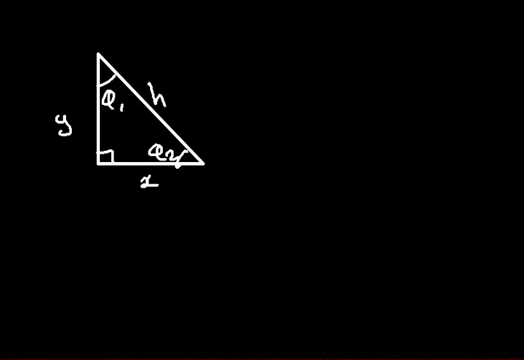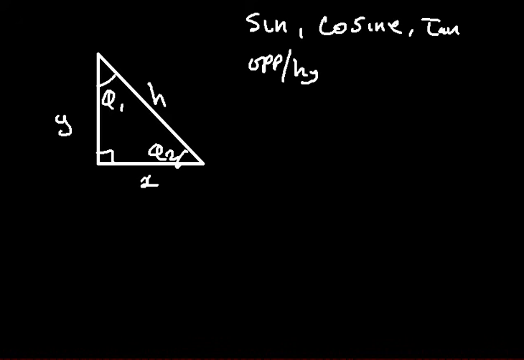So we actually have three basic trigonometric ratios, or I can call them functions. We have the sine function, the cosine function, and the tangent. Sine is associated with the opposite side as well as the hypotenuse.